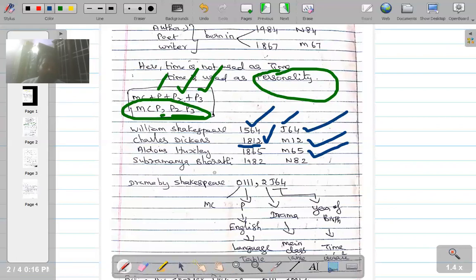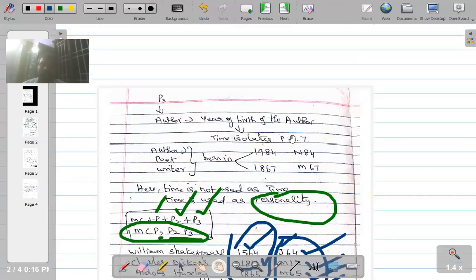Subramani Bharati, the great Tamil poet, who was born in 1982, has the number N82. This is how you convert the year of birth of the author into a set of artificially created ordinal numbers which are available on page 2.7. You can go to 2.7.